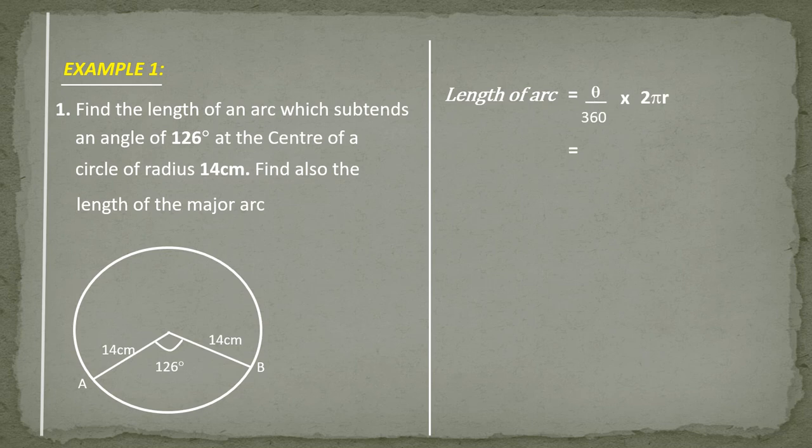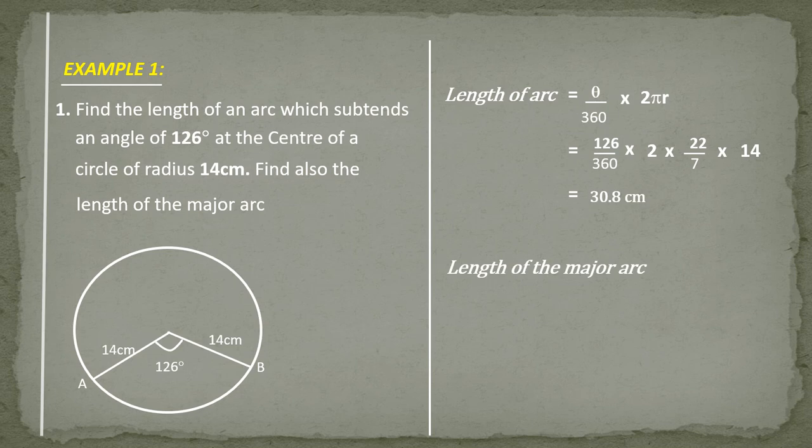We know our theta as 126. We have our pi as 22 out of 7, and we have the radius provided in the question as 14 centimeters. Now once we run that substitution, you can try that out with your calculator. We should be in position to confirm that the length of the arc will be 30.8 centimeters.